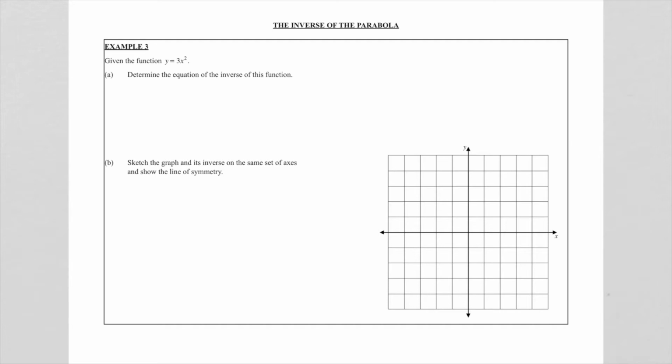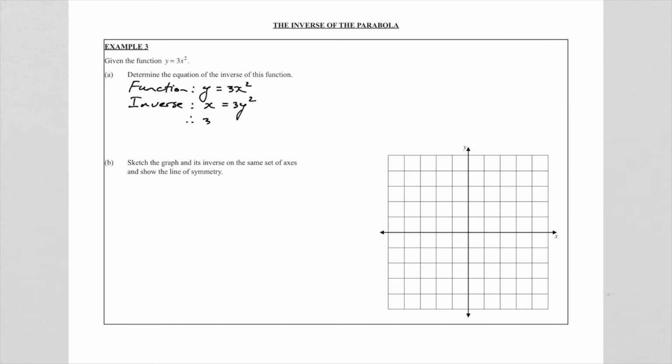The function that is given to us is y equals 3x squared. You still remember that for the inverse, we always swap x and y. So for the inverse, we write x equals 3y squared. We substitute y with x and x with y, and now we need to manipulate that.